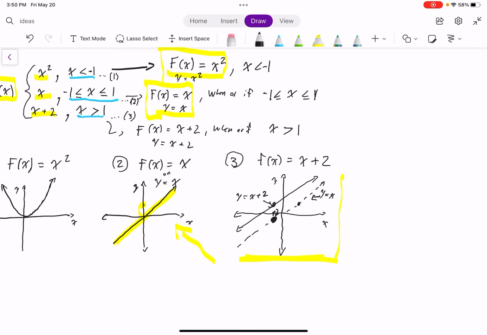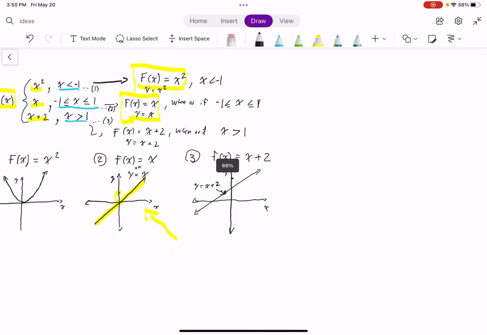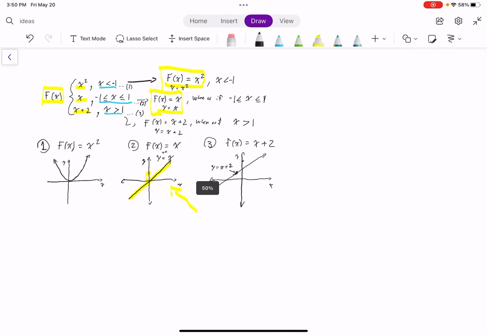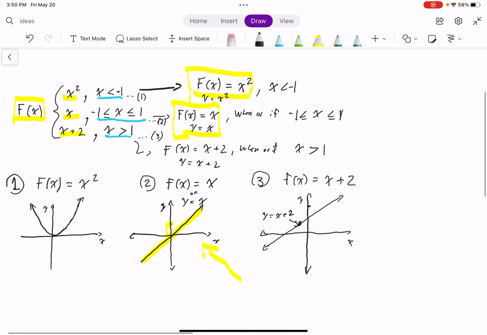So let's say this point is at the level 3, then up here is going to be at the level of 5, because it's just adding 2. We'll get that stuff out of the way, and just like that. Okay.